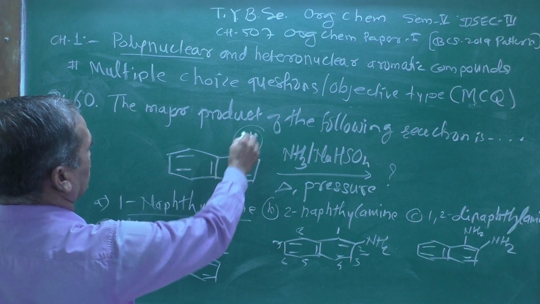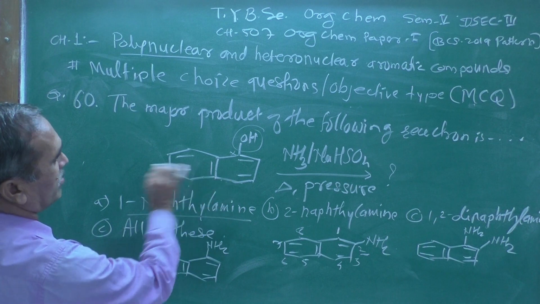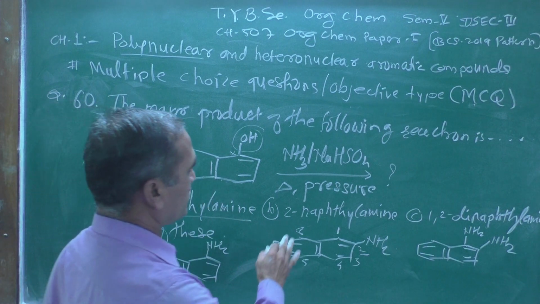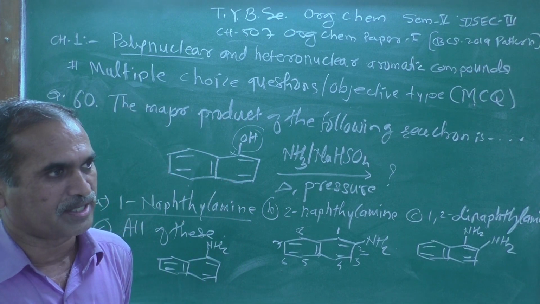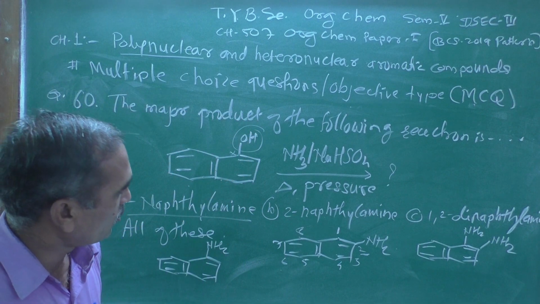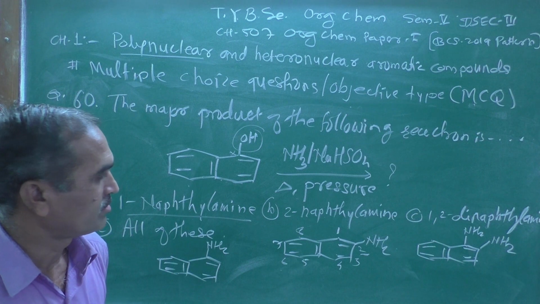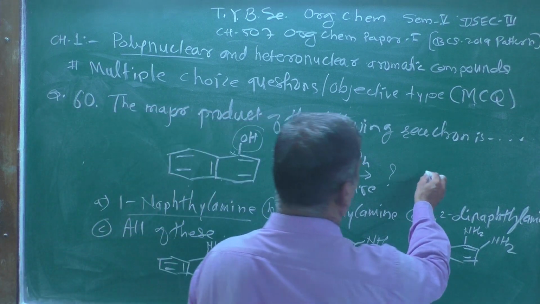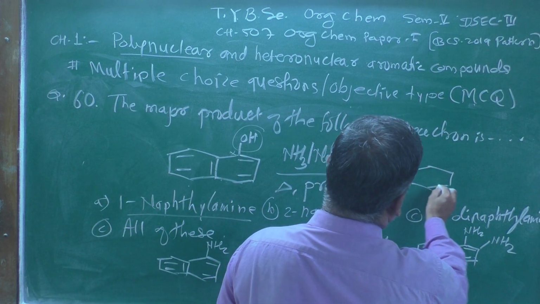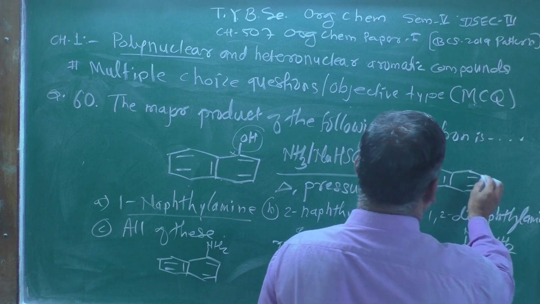Here the OH group is present at alpha position, means it is alpha naphthol. When it is treated with ammonia in presence of sodium bisulfite, on boiling or on heating at proper pressure, the resulting compound obtained will be, I am writing here only, don't get confused.